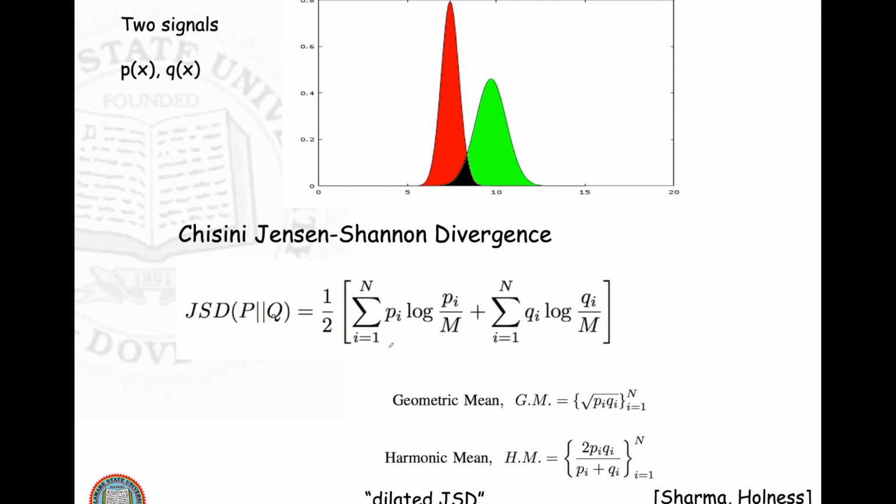He's now a research scientist at a government research lab. So this is CJSD, Shishini Jensen-Shannon divergence, where we substitute for this mean different families of means from the Shishini means, and you can use other families of means in this framework. And it gives you different dilations. It gives you very desirable properties with the resulting ability to tease apart different types of differences between your distributions P and Q.